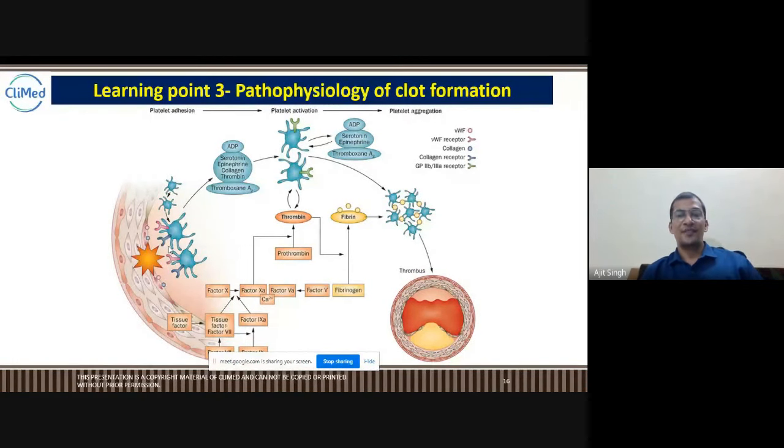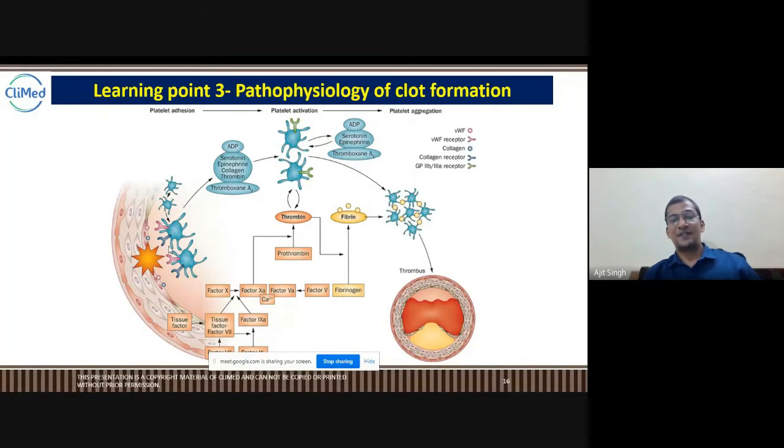Now they are attached to the wall, and now the platelet is activated. These VWF and collagen have activated the platelets. That is called platelet activation. First, these are stuck to the wall of platelet. That is called platelet adhesion. Now platelets are activated because many things happen inside the platelet.